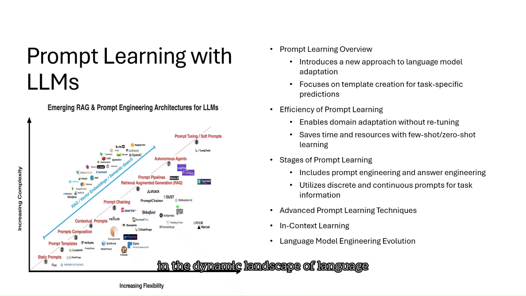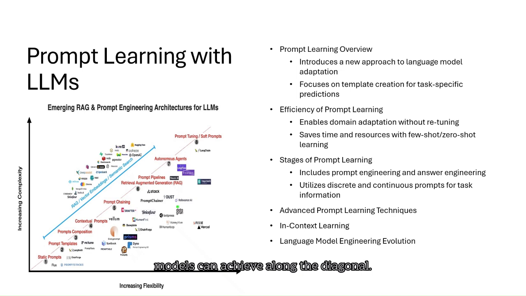Overall, in the dynamic landscape of language modeling tools and applications, the graph below shows an illustration of language model engineering, with increasing flexibility along the x-axis and rising complexity along the y-axis. This graph shows a bird's-eye view of the choices and challenges developers face in the research companies. For the emerging RAG and prompt engineering architecture, the image source shows OpenAI, Cohere, and Anthropic, which have pushed the boundaries of what language models can achieve.